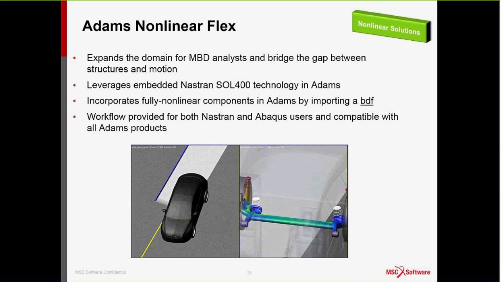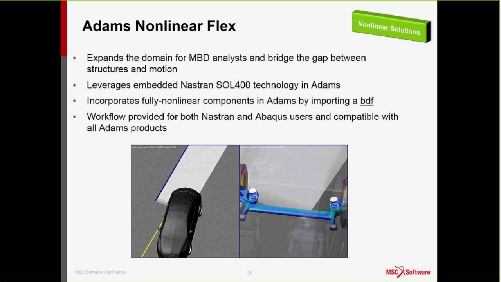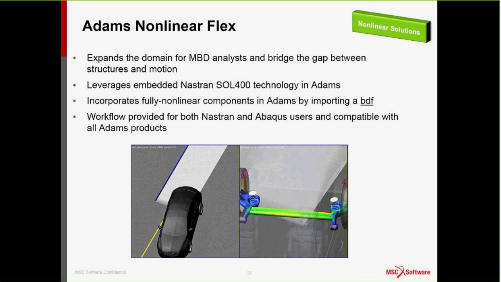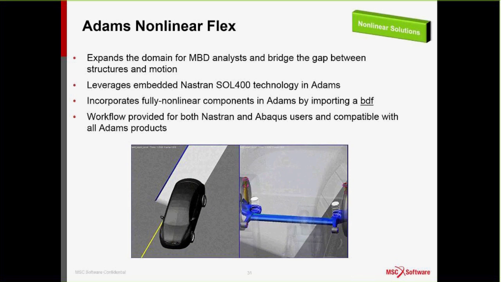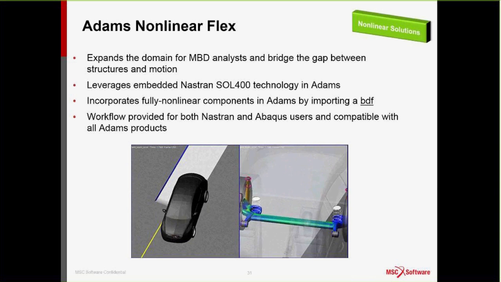And it's very approachable for the Adams user, because in the Adams environment, when you create that flexible body, you go to the drop-down list, and instead of selecting MNF, you select BDF, and you start from there. So pretty straightforward. It doesn't require the expertise on the FE side that the Adams MARC co-simulation does.